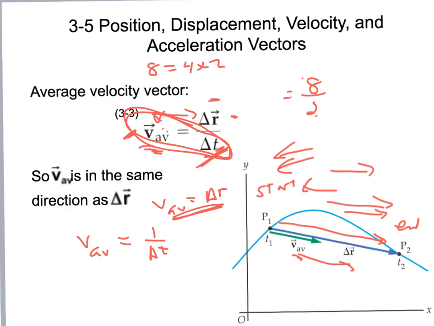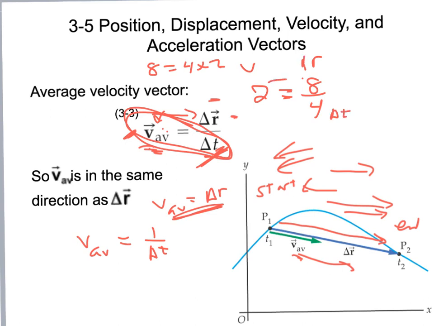So 8 divided by 2 is 4. We want to say that this is the number 4, this is 4, and this is 2. So this is our velocity, our vector r, and our time, our delta t.